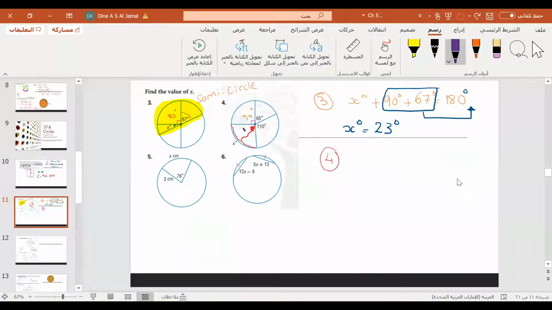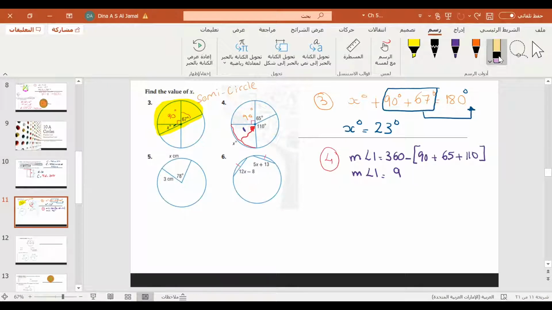That means all these angles will add to 360 and will give you the measurement of this angle. Let's call it angle 1. That means the measurement of angle 1 is 360 minus the addition of all of these, 90 plus 65 plus 110, which will give you a measurement of 95. Now let's focus on one thing.